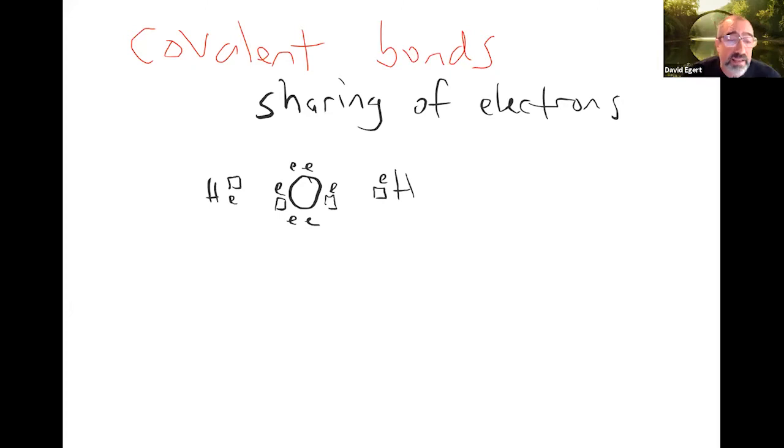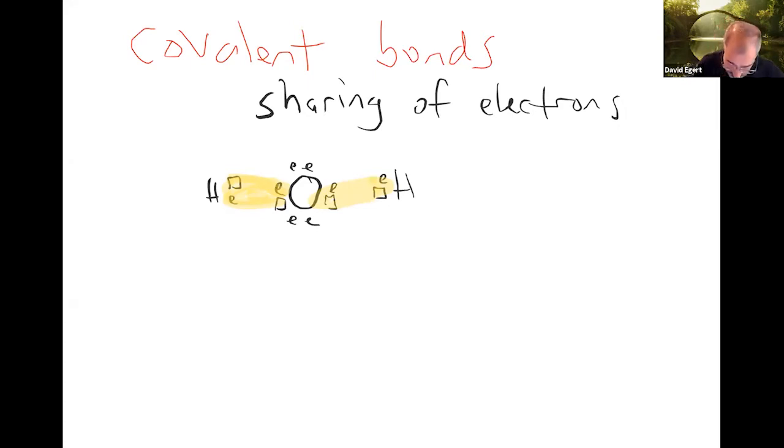And the way everybody's happy is they share. So we can have these 2 electrons here. This hydrogen sees 2 electrons, so it's happy. The oxygen now is seeing 8 electrons between all of these, so it's happy.